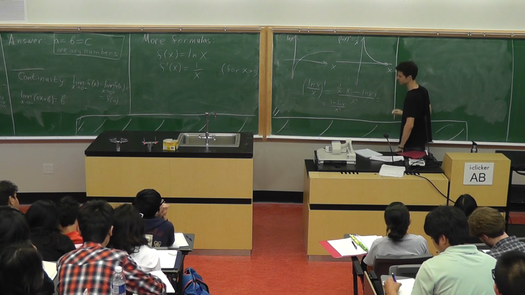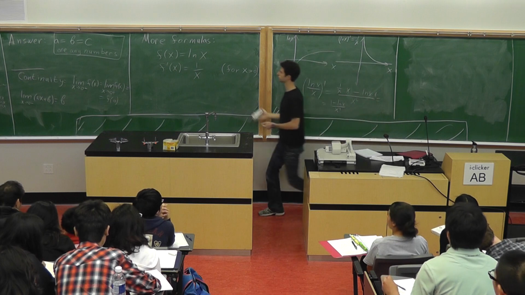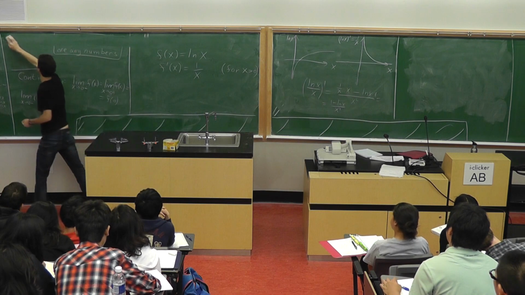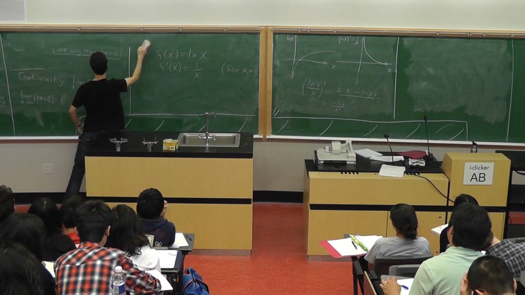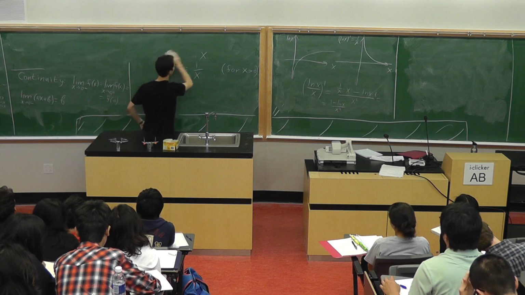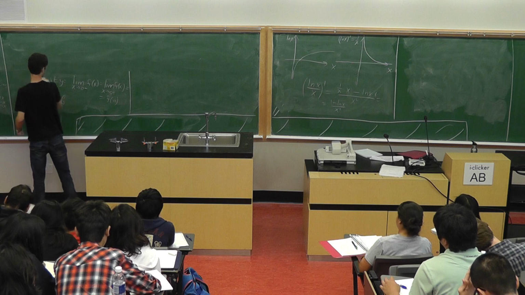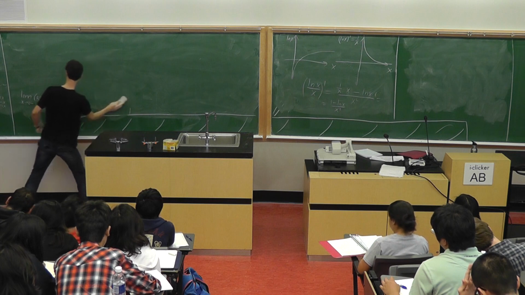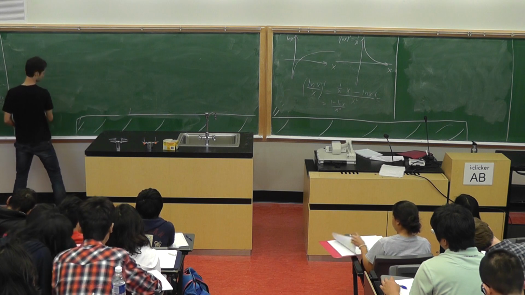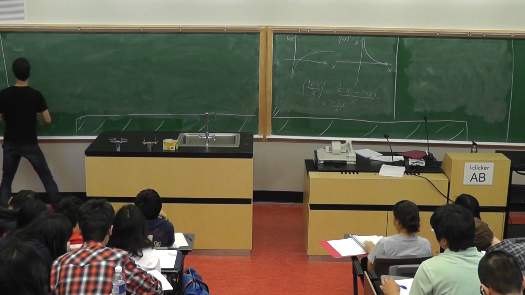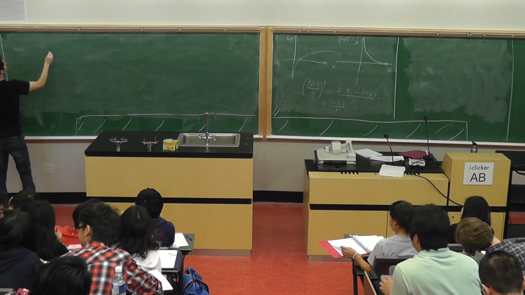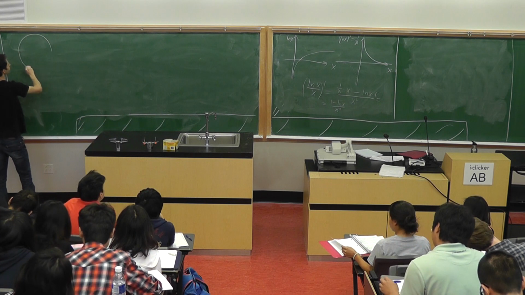So let me first just talk a little bit about what sine and cosine are. Hopefully just a reminder. And then their derivatives. So first of all, what sine and cosine are.